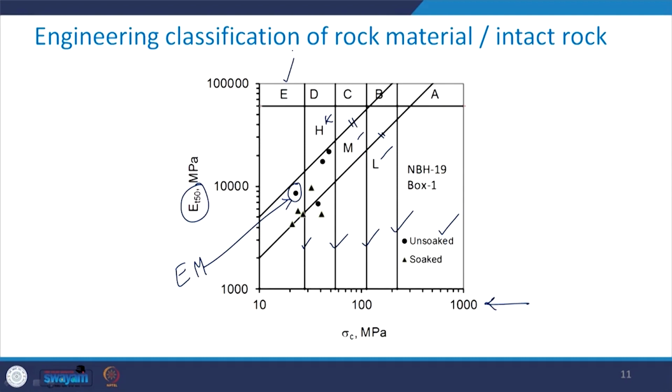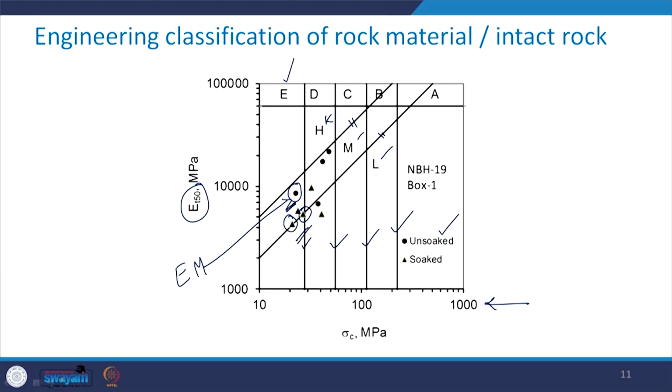Now, there can be a few cases where points lie exactly on the boundary line, and just to show you that, I pasted this picture here. You see this one and this one, they are lying exactly on the boundary line. There you have to use your judgment whether you would like to put it in this zone or in this zone.